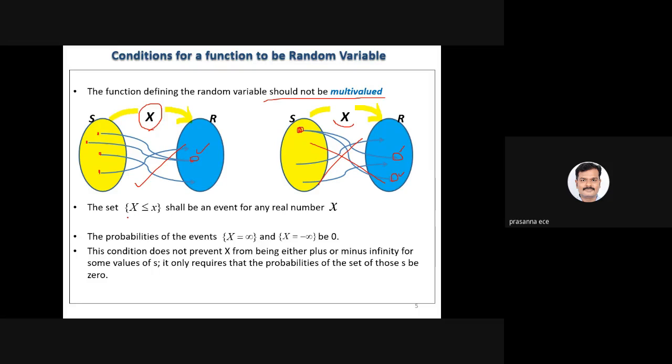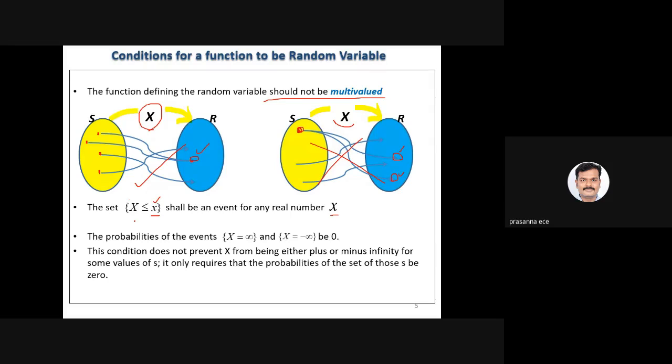Another condition is that the set defined by the values of the random variable less than a particular numerical value x shall be an event for any real number x. What we mean by this is, once we have associated a real number with the outcomes, if we take any real number, all the numbers less than that should also have a corresponding outcome in the sample space.